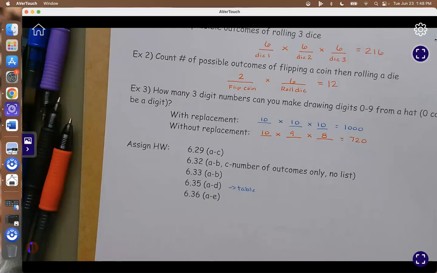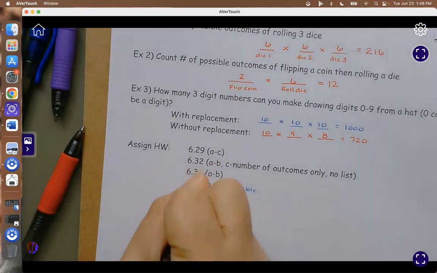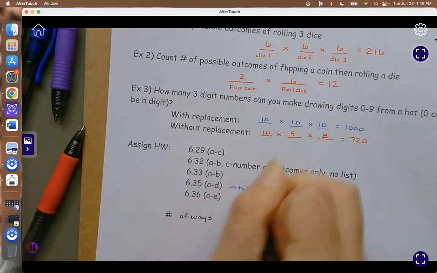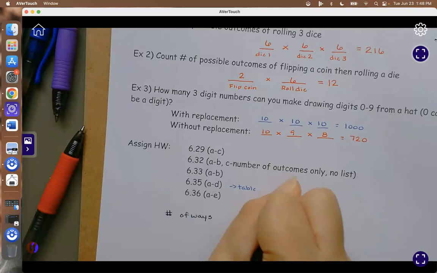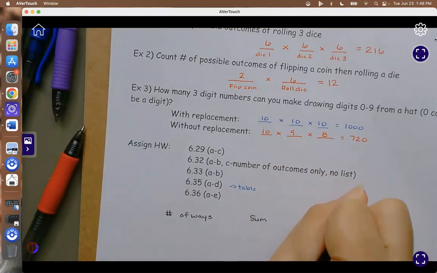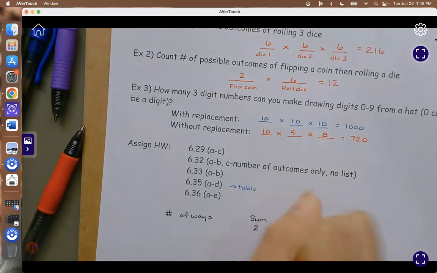So, we have a chart that says number of ways, the sum, and the outcomes. Okay, so the first sum I can get is 2.